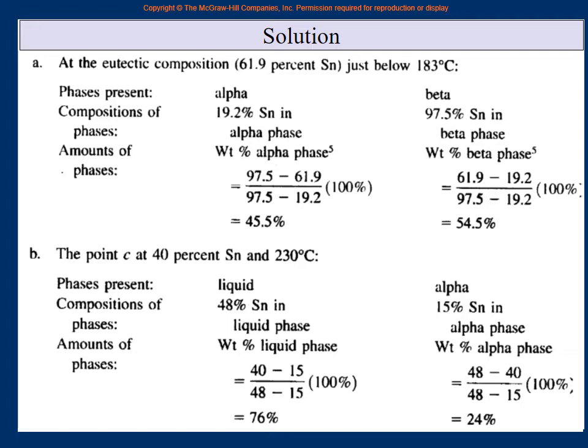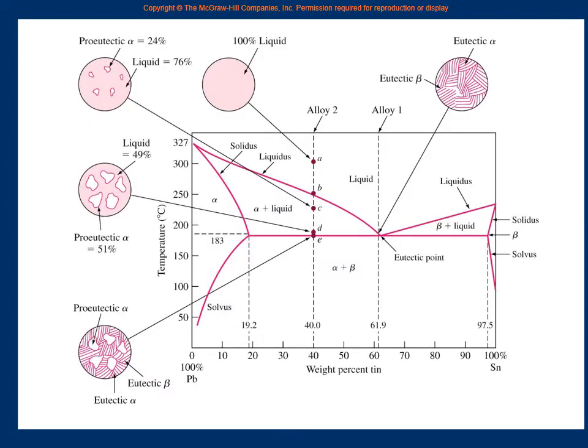The others are simple. At 230 Celsius, find the values and write them. That is why I wanted to show you again, going back to 61.9%, they are saying just below it. So just below it is almost the same line.